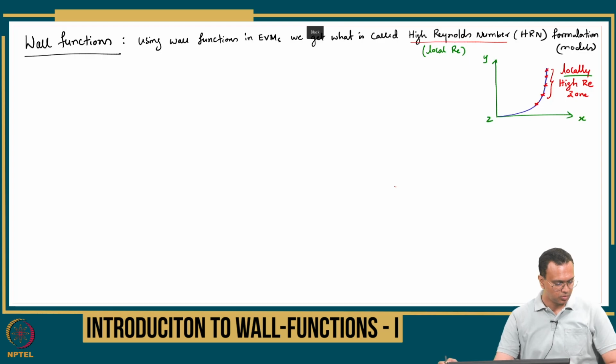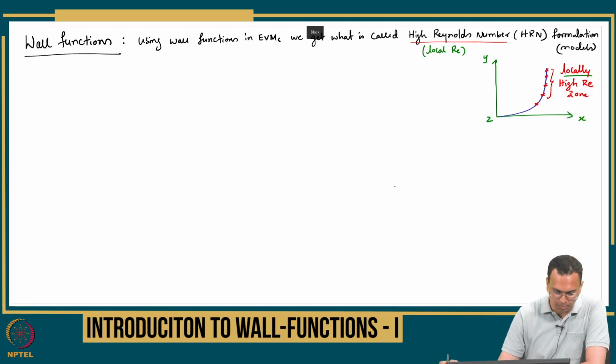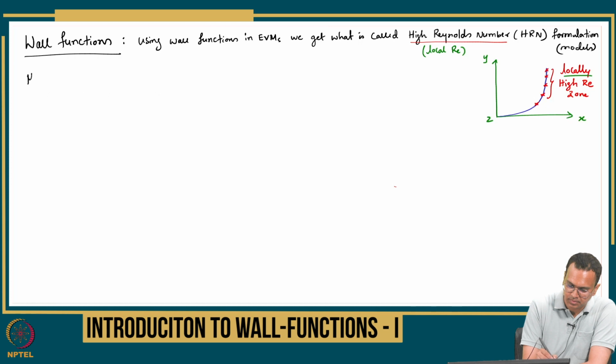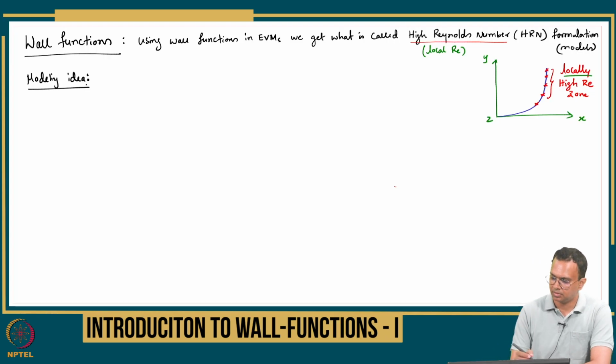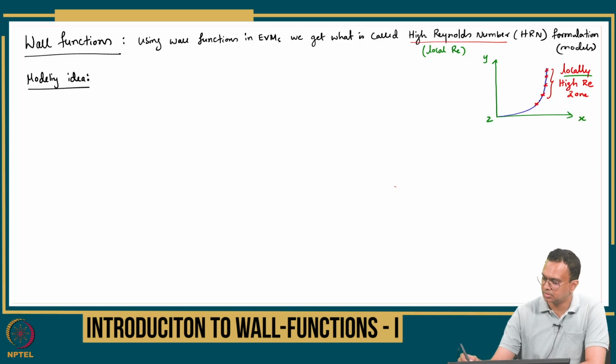Here, of course, the modeling idea is, why do we need to have this kind of an approach? For example, in industrial flows, it becomes very complicated to have a mesh which is good enough to capture the boundary layer. So for example, you know that for this particular condition, to capture this entire boundary layer, you must have a grid like this, if I'm going to mention the grid on the side here.